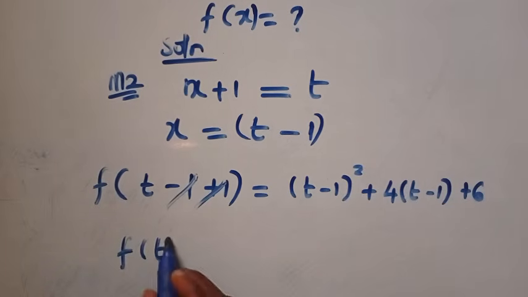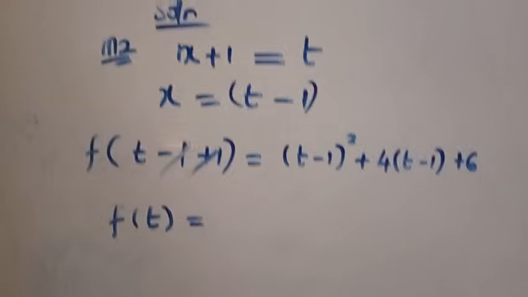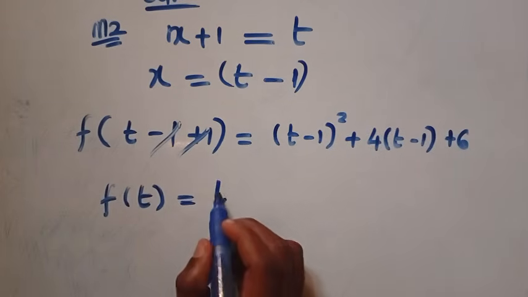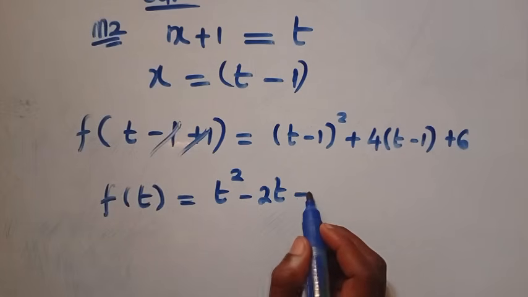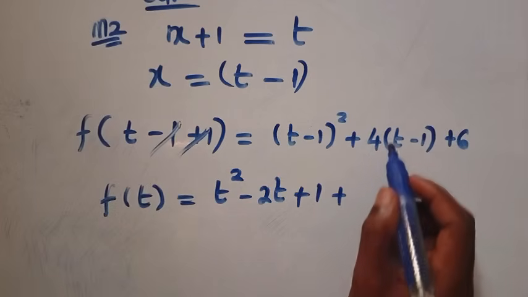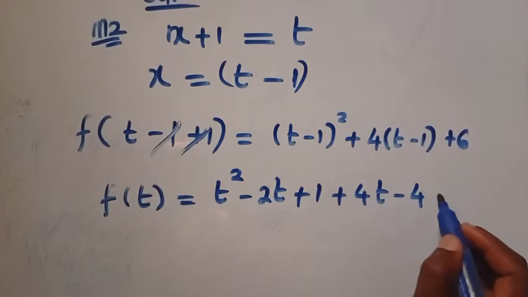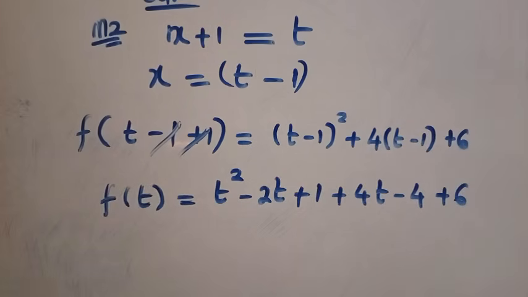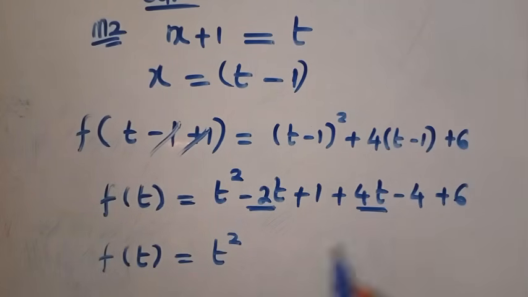Here is f of t equals, expanding t minus 1 squared, we get t squared minus 2t plus 1, also plus 4t minus 4 plus 6. We have f of t equals t squared minus 2t plus 4t.